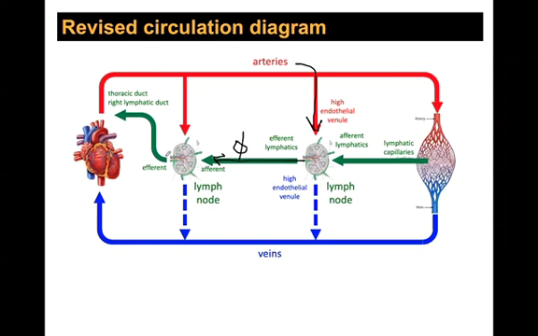But going through all those lymph nodes takes quite a long time. It takes about 24 hours for each lymph node. So if this T cell came in here and it got activated, where is it going to come out? The endothelial venule. Right, it's going to go out here. So it doesn't have to waste all this time with all of those upstream lymph nodes.